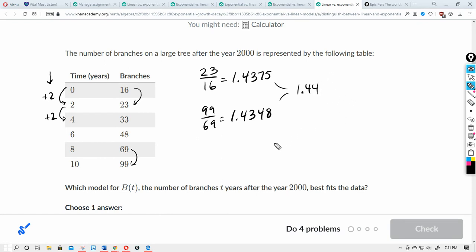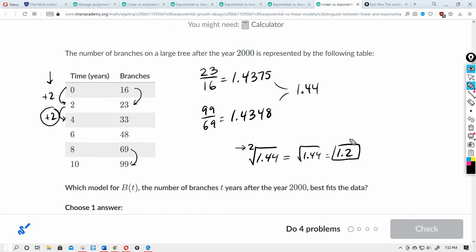Okay, so in this case, it's going to be the second root of 1.44 because this went up by 2 each time. Okay, so that's the root we're using. And of course, as you know from previous, the second root is just the same as the square root. So the square root of 1.44 is 1.2.